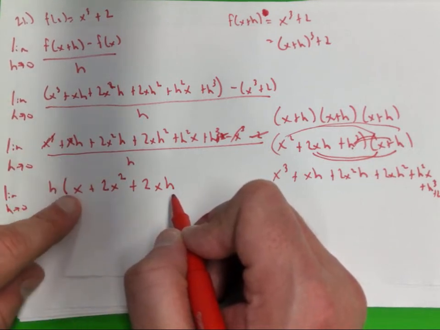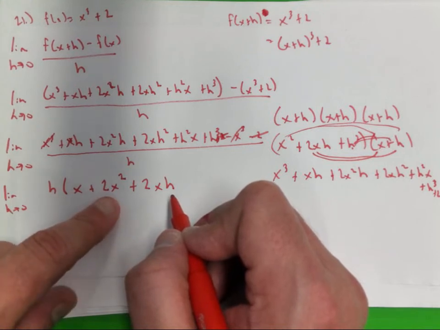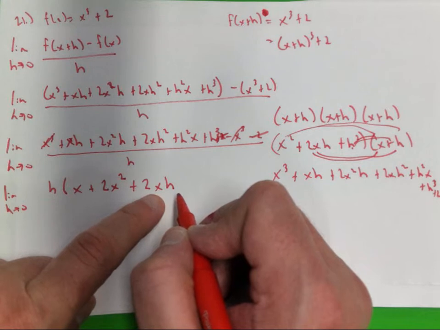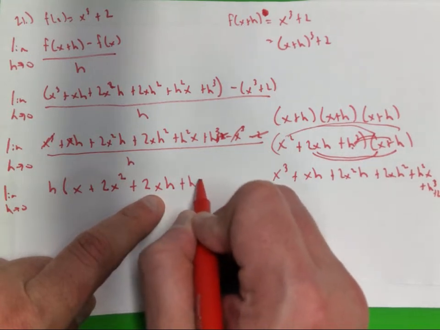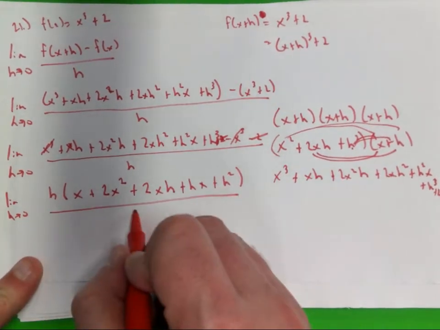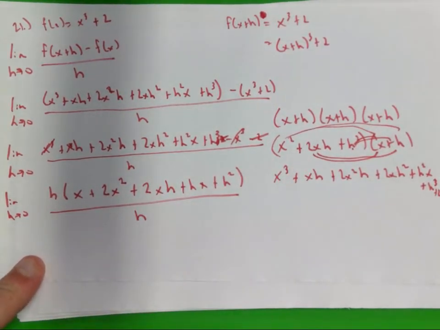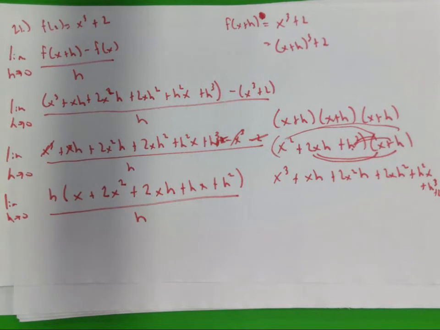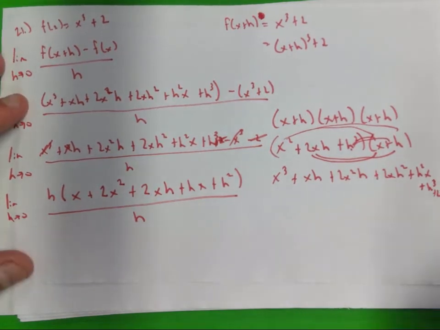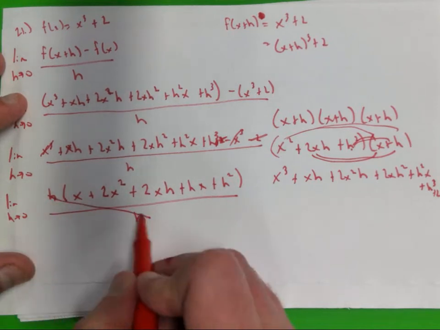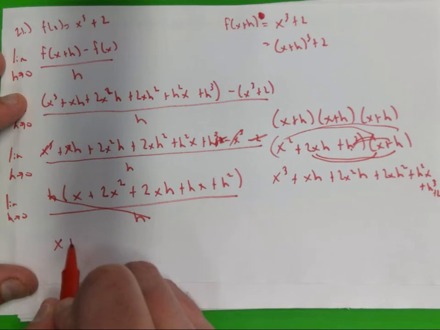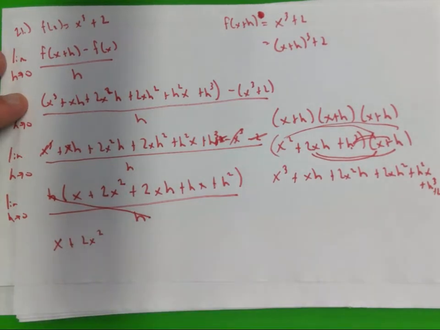Took an h out, that leaves an x, 2h squared. Alright, these h's cancel out. I plug 0 in, I get x plus 2x squared.